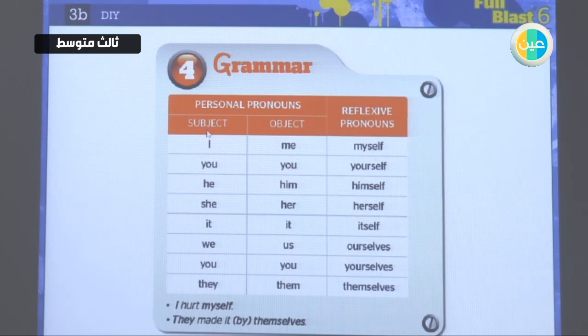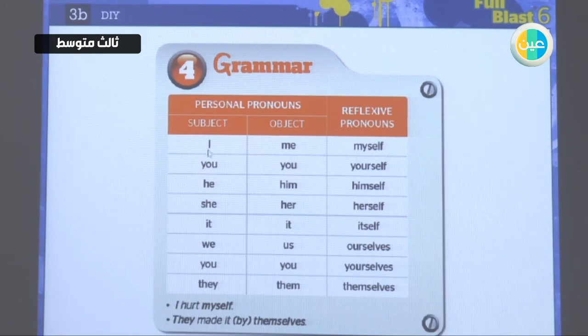In other words, if the subject of the verb is the same as the object, we should use the reflexive pronouns. They look like, let's say, a mirror, that they reflect the subject of the verb.